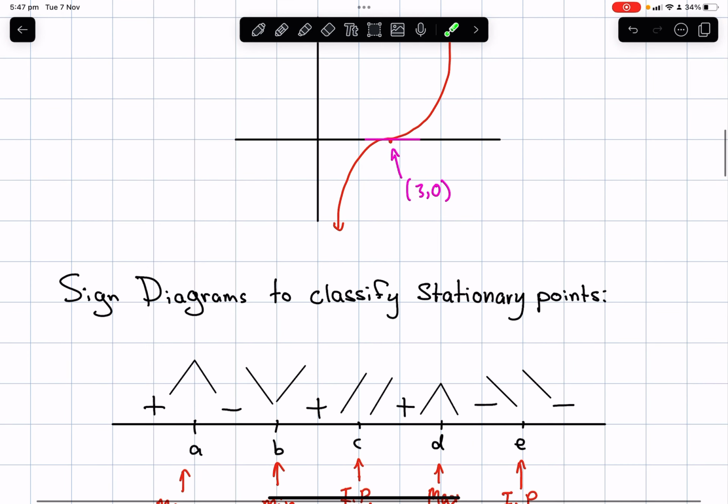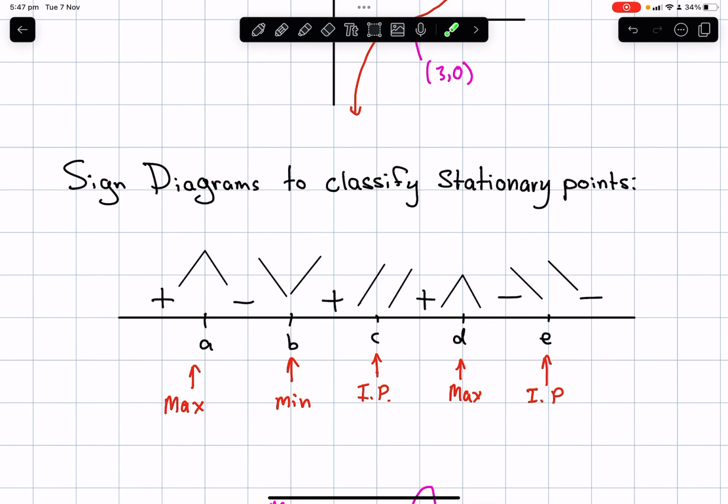So we can use these sign diagrams that we were practicing in the last video to classify stationary points. I've got a whole bunch of pluses and minuses going on. Now, if I draw in what an increasing function looks like, it's just a little line going up, and here I've got a decreasing one.